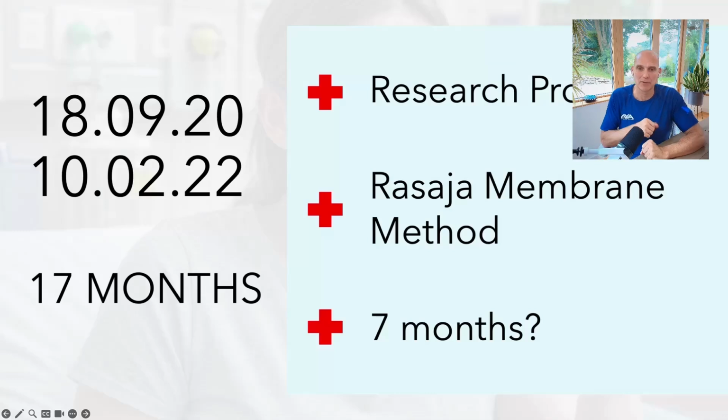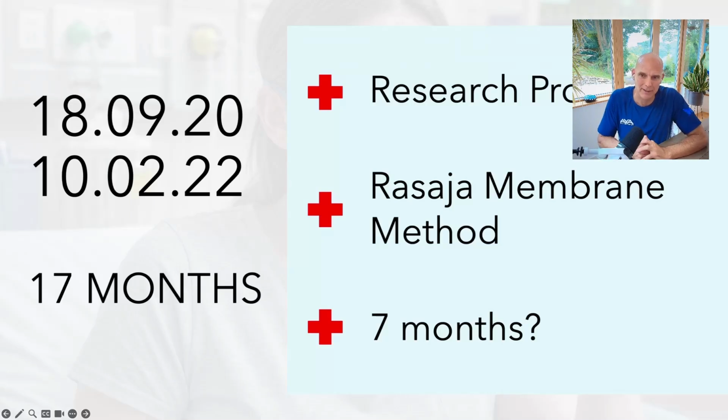Now, as I was saying before, this is still in the experimental phase, really, the Rasaja membrane. We're still testing it out, to be honest. But this is what we want to do now, moving forward with any healing projects that is going to be part of any research project, is to use the Rasaja membrane method.